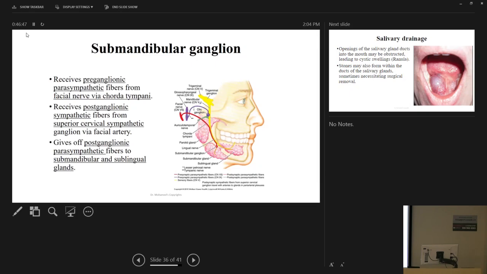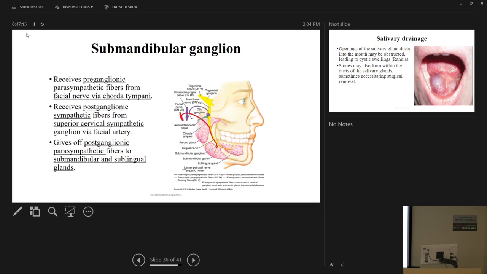The second function of the chorda tympani is to bring the parasympathetic to the submandibular ganglion, which is going to distribute this secretomotor to the submandibular salivary glands and sublingual salivary glands.